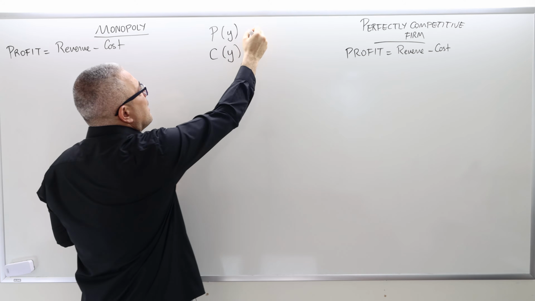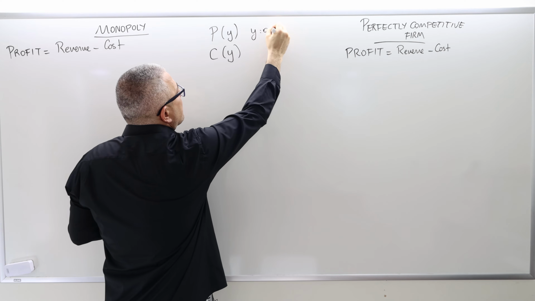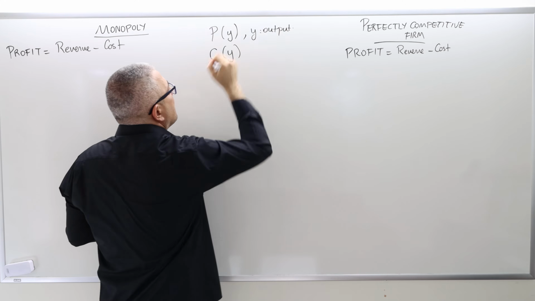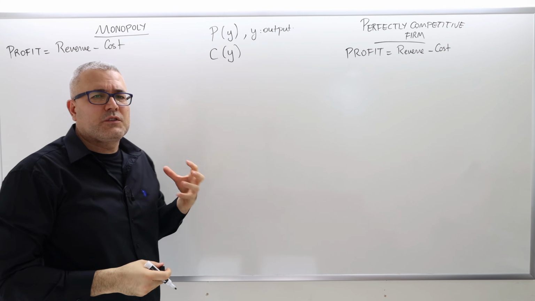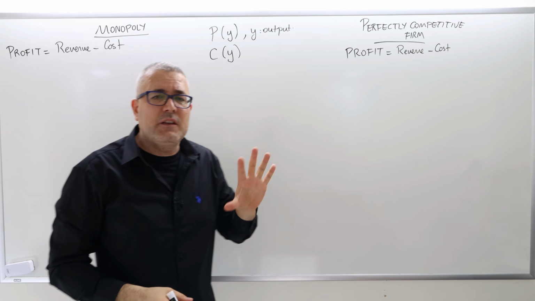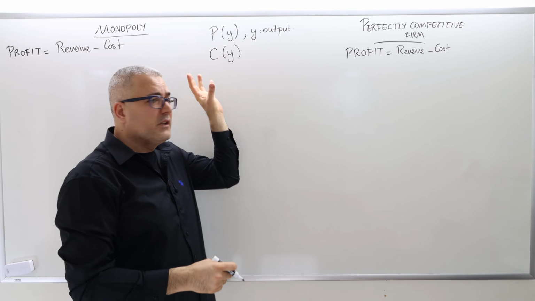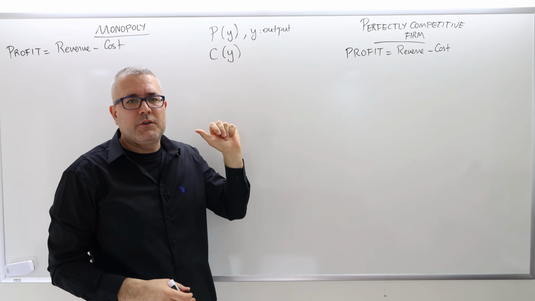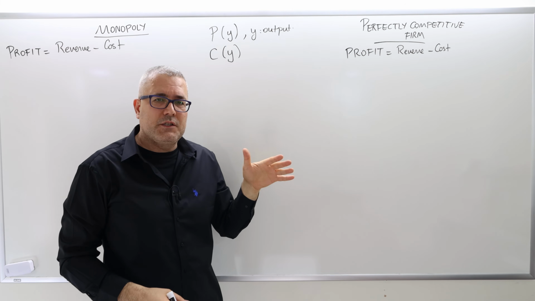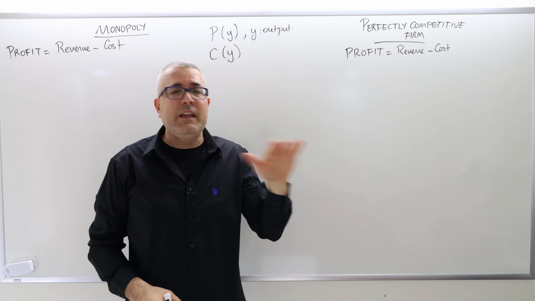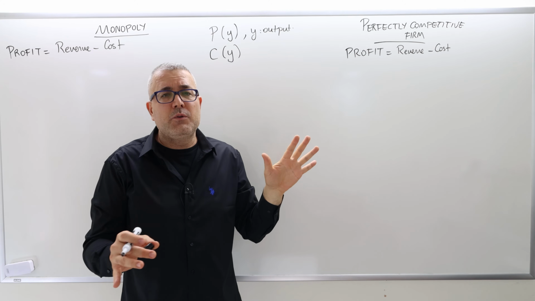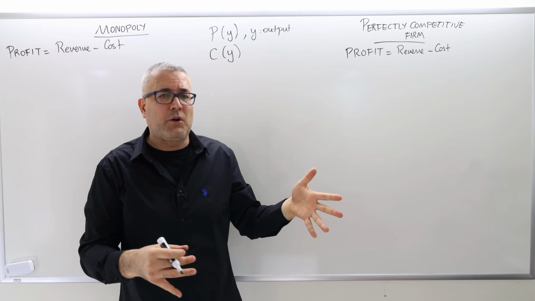Y is the output, so C of Y is the cost of output. That's basically the only thing you need: two ingredients, the inverse demand curve and the cost function. In any numerical question, these two are going to suffice to solve the problem.